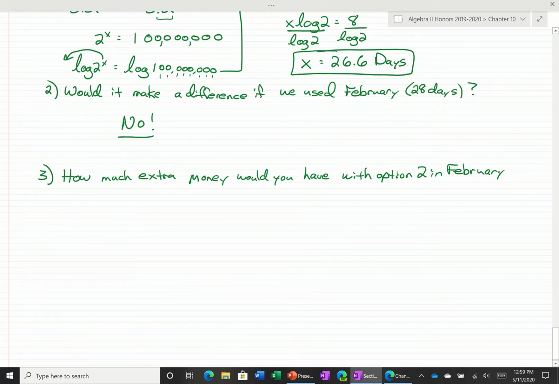All right, well, in February, we know that there's 28 days. So the amount of money you would have in February would be 0.01 times 2 to the 28th power.